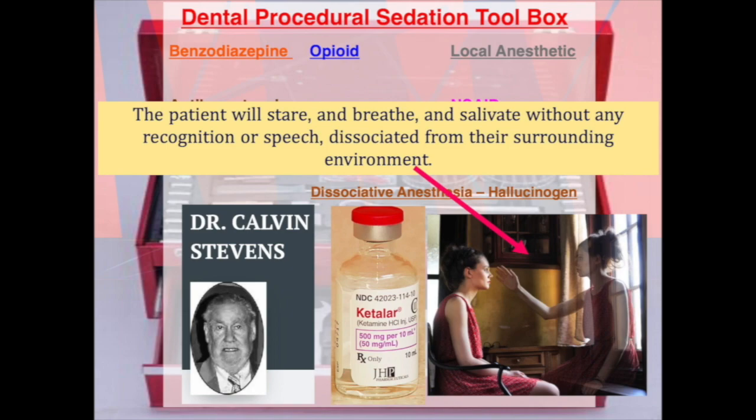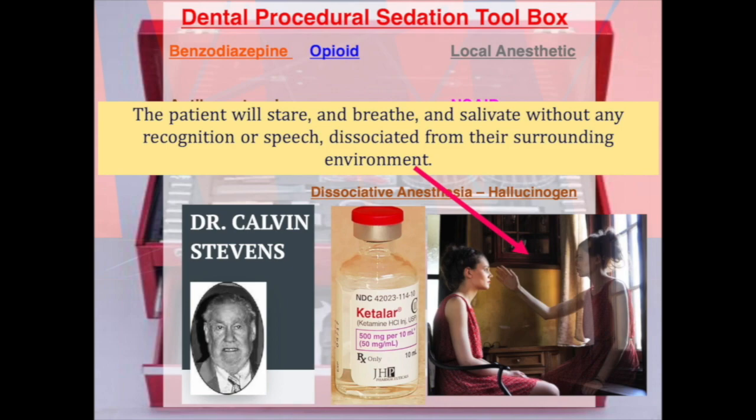Now there are some pretty bad hallucinations that the patient can have. So we always give this either with propofol, if you can use that, or along with a benzodiazepine because of the severe hallucinations that some patients can have. This is in the same class of medications as angel dust, so some pretty potent, crazy hallucinations can occur.